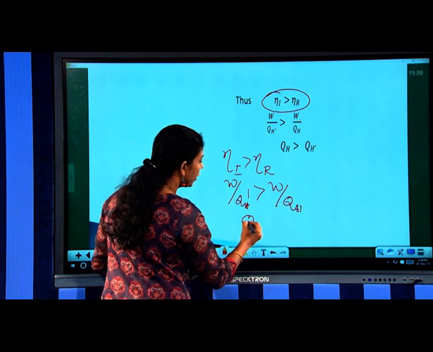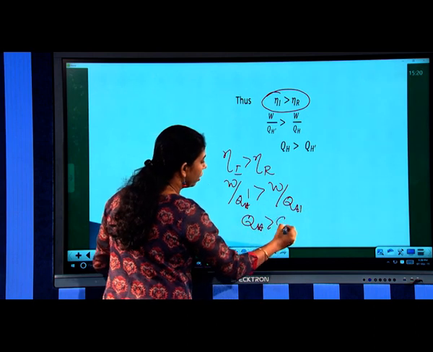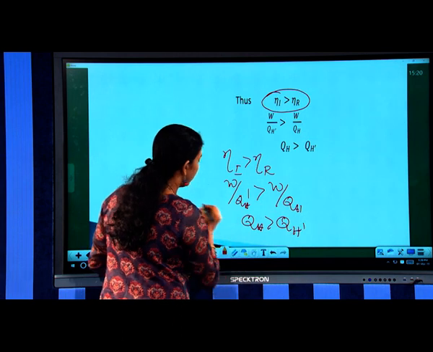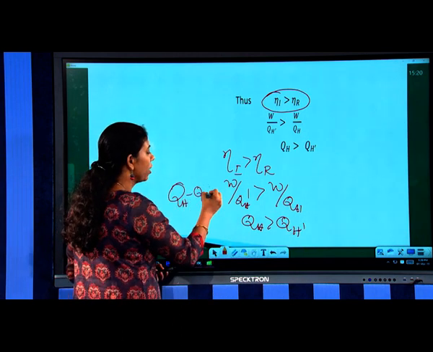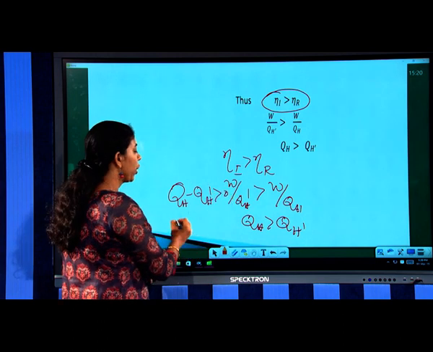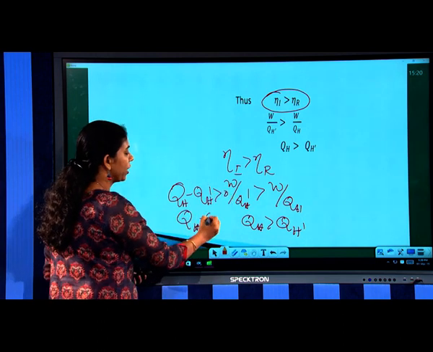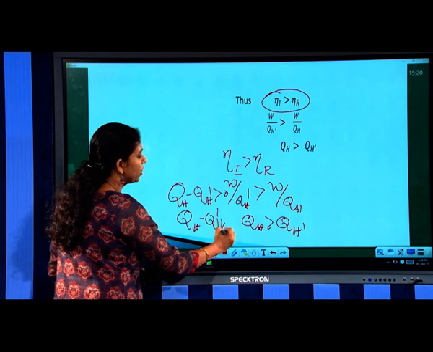Then QH will be greater than QH dash, that is, QH minus QH dash is greater than 0. QH minus QH dash is positive.